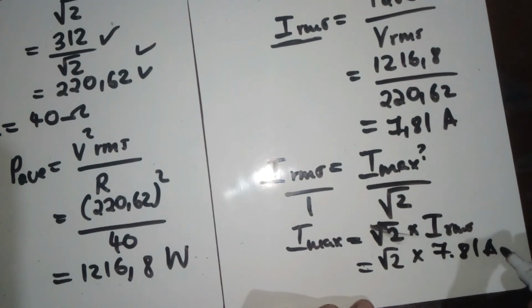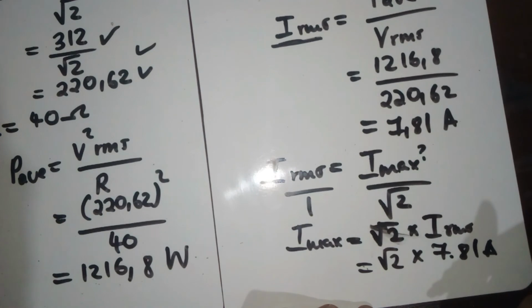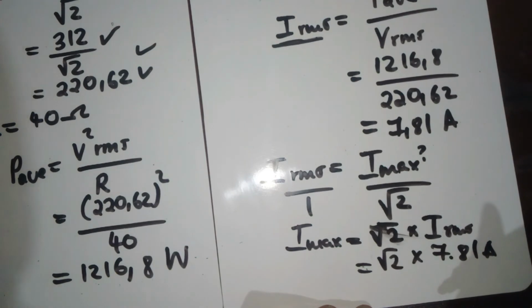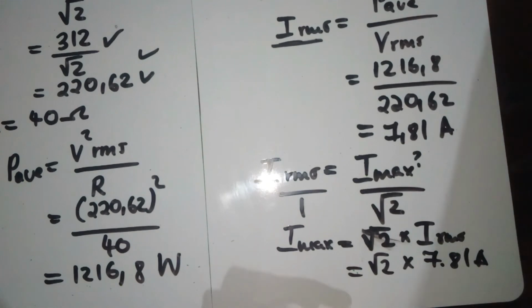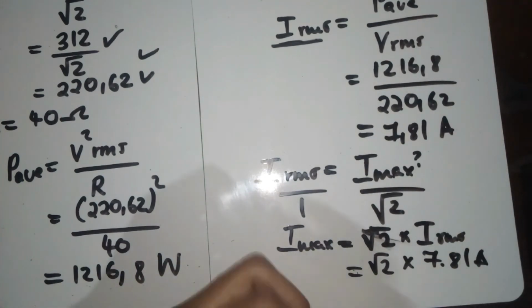It's 7,81 amperes. And then to find Imax, okay, I feel like I made a mistake somewhere and I don't know where. Let me just think quickly. Where did I make a mistake? I made a mistake here.